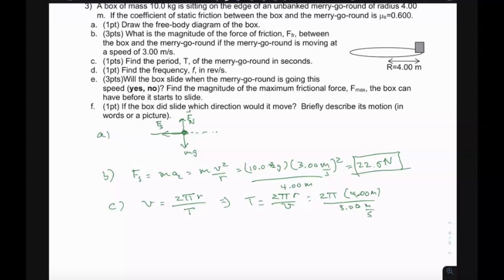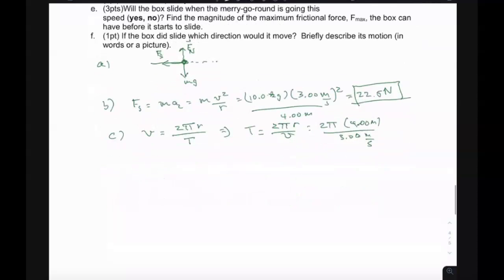The meters are going to cancel out, and the seconds are going to go up in the numerator. So when we calculate this, we get an answer of 8.38 seconds. So that's 1 point.